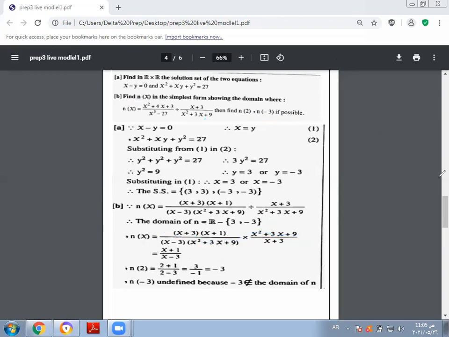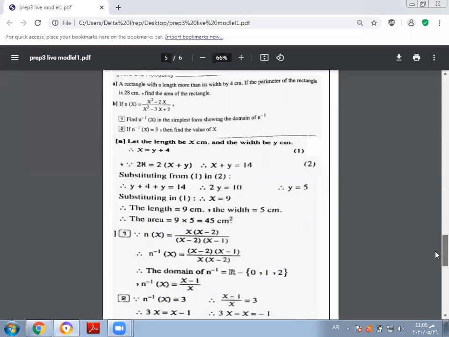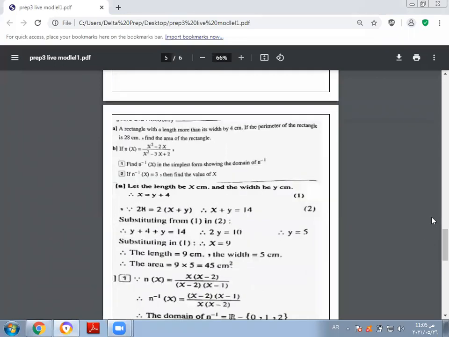Next question. Question number 4. Letter A: a rectangle with length more than width by 4. If the perimeter of the rectangle is 28, find the area.